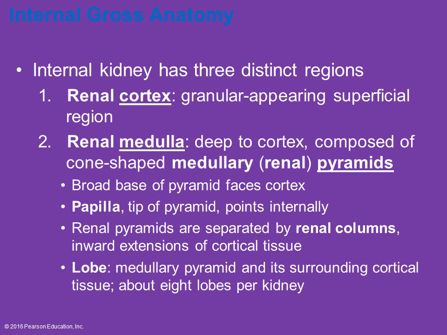The renal medulla is divided into different little sections. They look like little pyramids, kind of triangular shaped, with the tips, which we call the papilla, that point internally. Between each of the pyramids are what we call the renal columns. This is actually an extension of the cortical tissue.